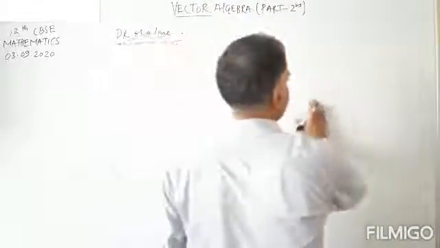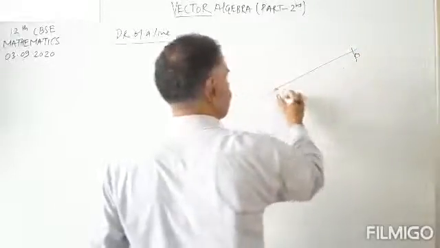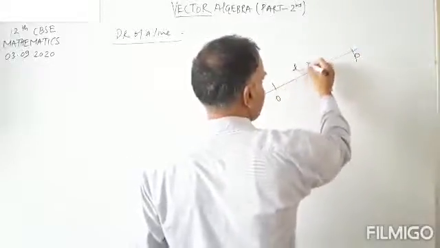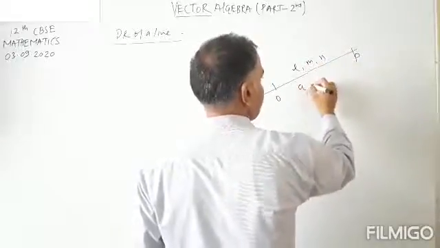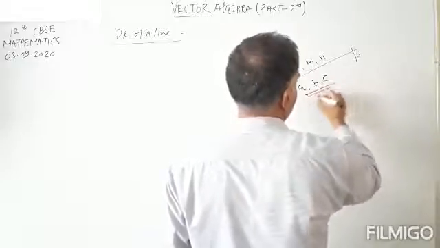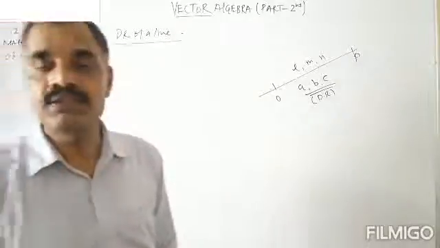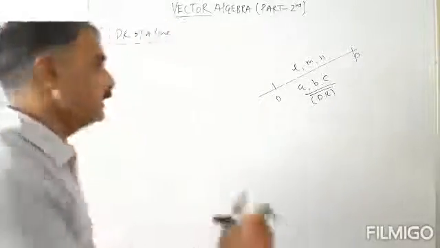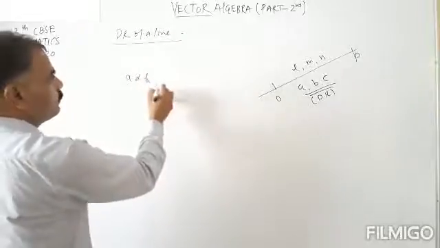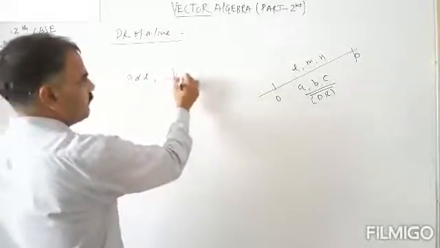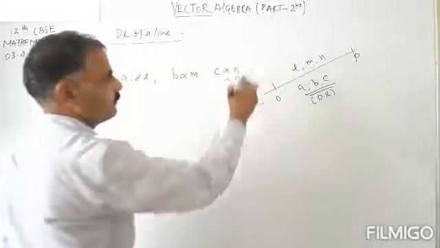That is, if this is a line OP and its direction cosines are l, m and n, and let a, b and c be its direction ratios, then a, b, c are real numbers, and these real numbers are directly proportional: a is directly proportional to l, b is directly proportional to m, and c is directly proportional to n.